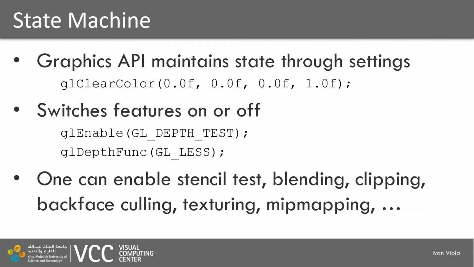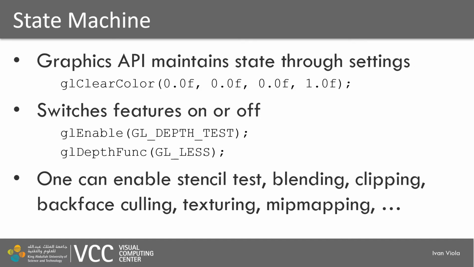The API, which is related to graphics hardware, is often realized as a state machine. So we are often setting certain environmental conditions, if you like, and these are being set unless they are set to something else.